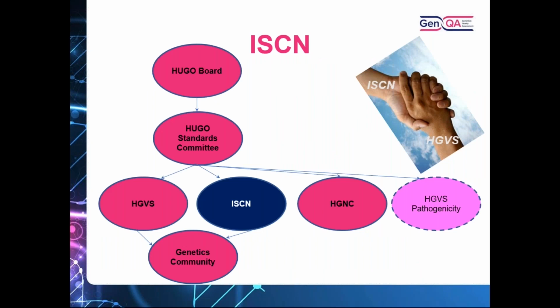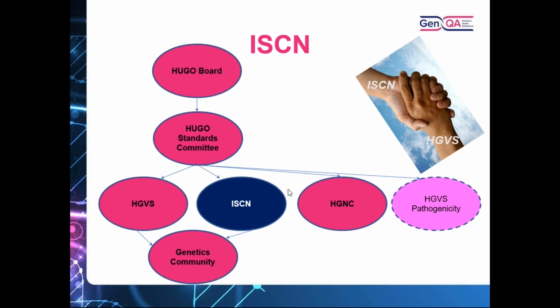So the ISCN committee, which is here, obviously you feed in from the genetics community and we obviously feed back. Likewise for the HGVS, there's also a gene nomenclature committee, and there may be in the future an HGVS pathogenicity committee too.